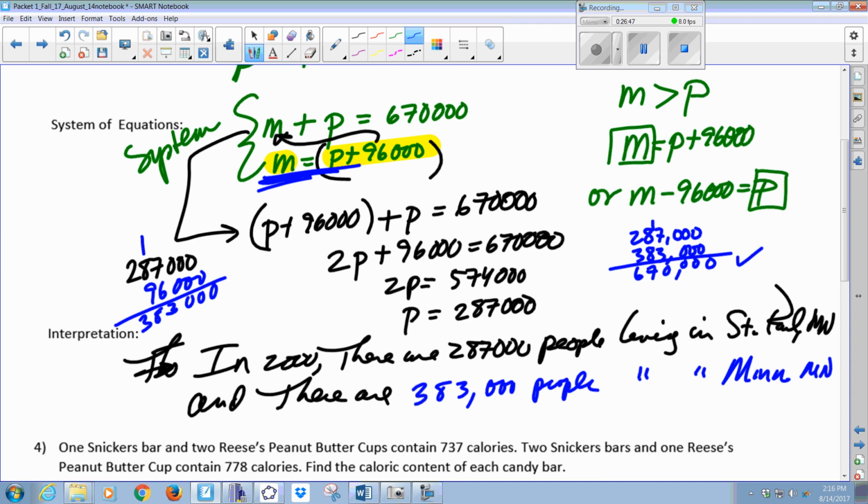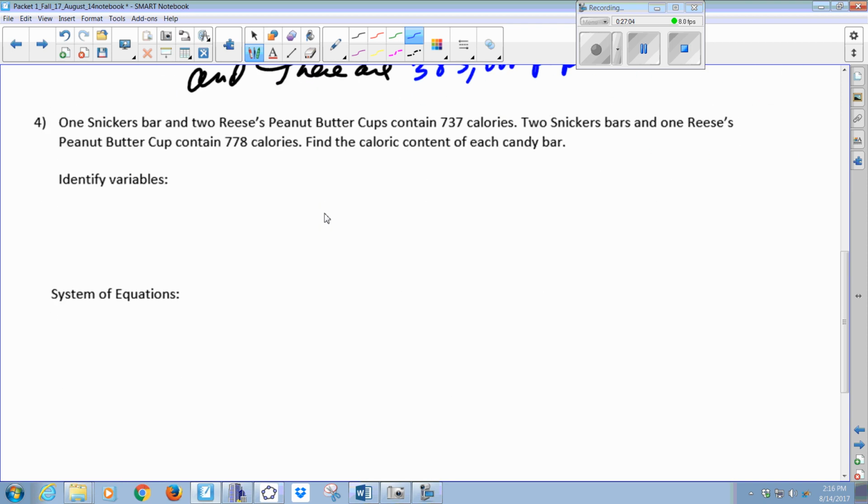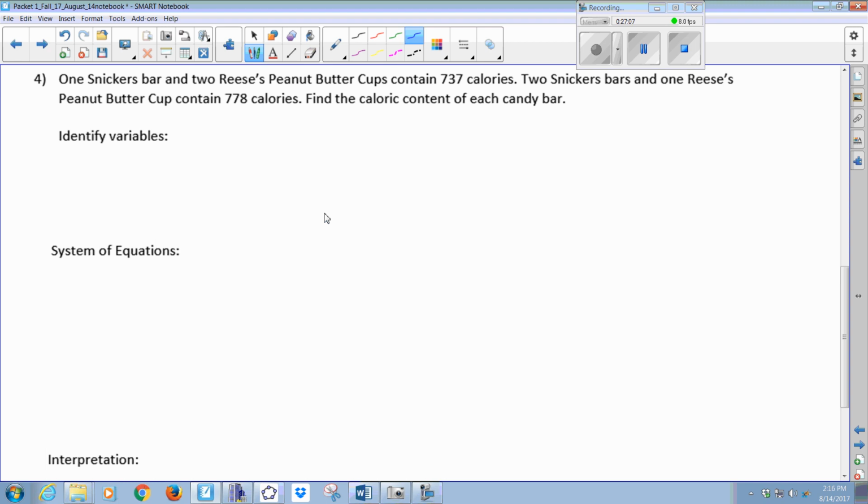Okay. So sometimes instead of using two totals to come up with your system of linear equations, you're given one total, like the total population, then you're given a relationship between the two unknown quantities. All right, 4 is more standard in the sense that it involves totals of calories for certain numbers of candy bars.